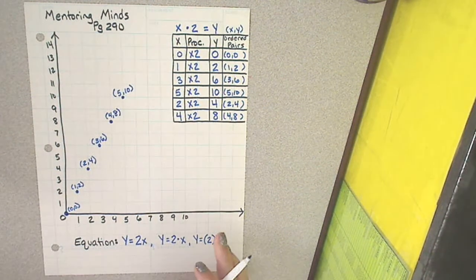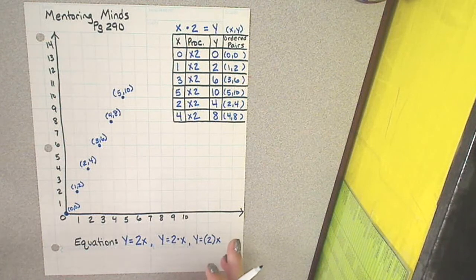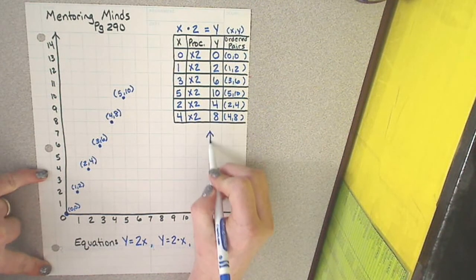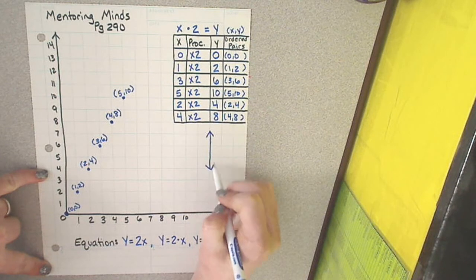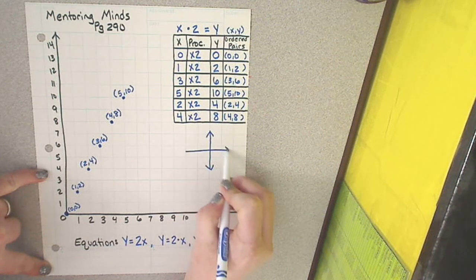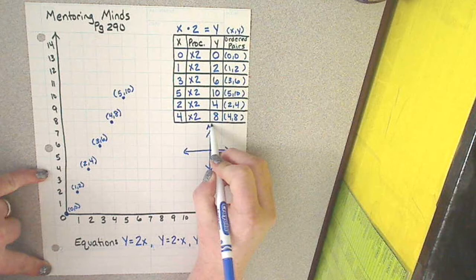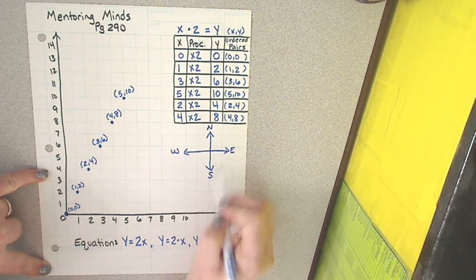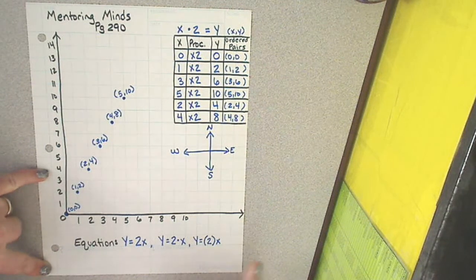Now, another thing you need to remember is that you can describe how to find these points with words, not just with numbers. So let's say that I have a compass rose. You know these from social studies, from maps. North, south, east, and west. Never eat soggy waffles. That's my saying.